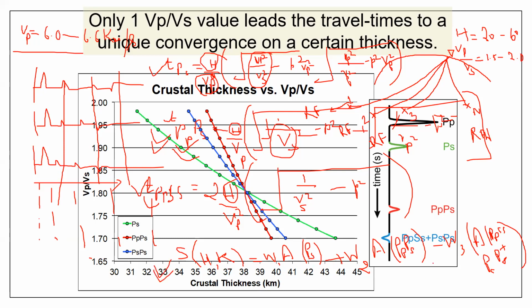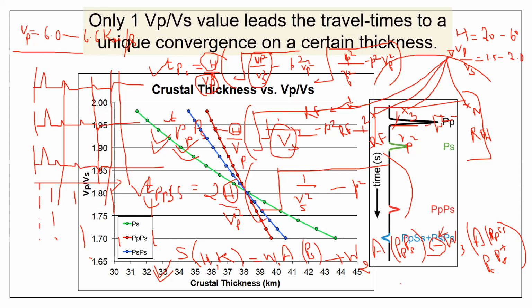Here, this negative is because the amplitude of the PPSS and PSPS phase is negative. So to have it correctly incorporated into this equation, we have to incorporate this negative sign in front of it.